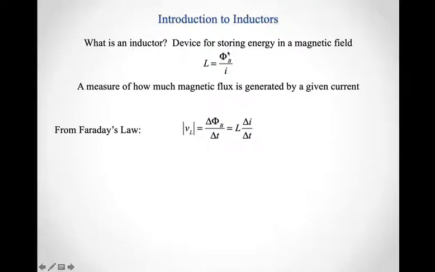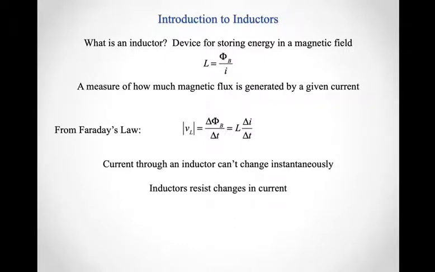And again, if I solve this for phi, the magnetic flux, I get L times I. L is constant. Again, that just depends on how you chose to wrap your coil around your cylinder. I is the only thing that changes. So we can pull the L out, and I see that the potential difference across my inductor is equal to the inductance times how the current is changing with respect to time.